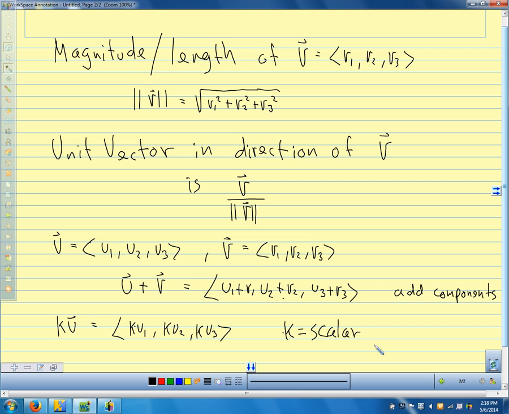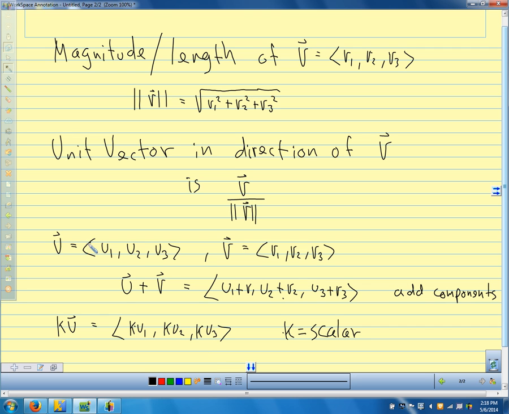So scalar just means a number. We call this a scalar multiple. We just multiply each component by a scalar. All right, questions so far? Hopefully some of this starts ringing a bell, starts bringing back some memories of the beginning of the semester.